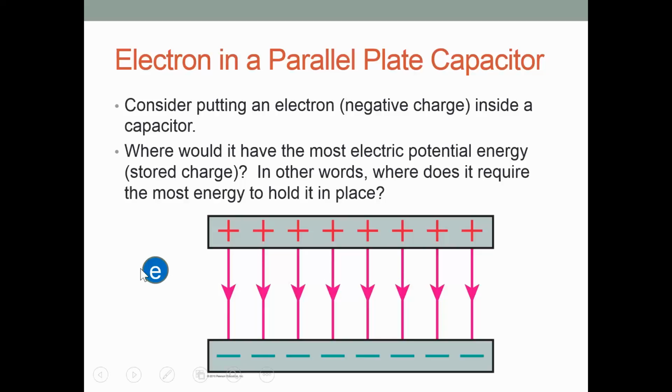So let's consider, for example, now we've actually flipped our electric field for this example. Let's say we put our electron or a negative charge inside the capacitor. Where is it going to have the most stored energy? Where does it take the most energy to hold it in place? Is a negative charge going to be hard to hold up here by the positive plate, somewhere in the middle, or down by the negative plate?